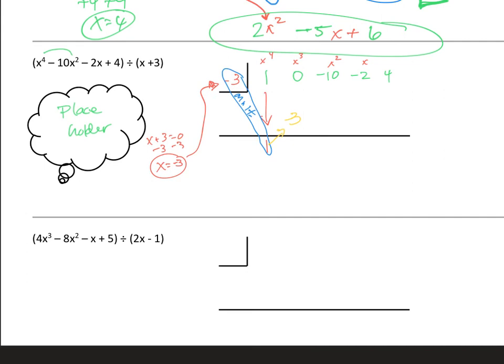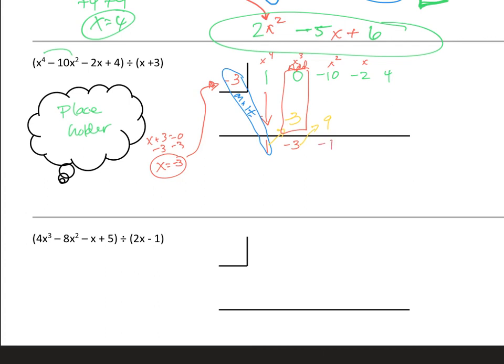After we do that, we are going to add these two together. And when we add those together, we get -3, right? All right. And now since we have another number underneath the line, we're going to multiply. So -3 times -3 is +9. That +9 goes right there. We are then going to add those coefficients together. I would get -1, right?